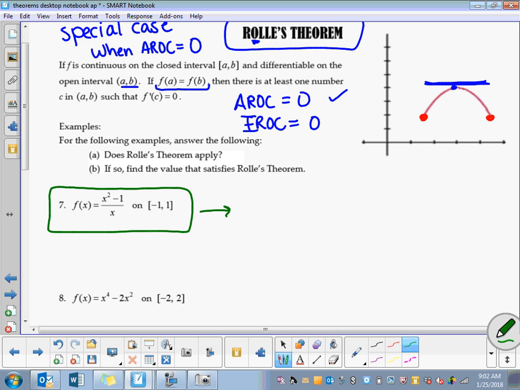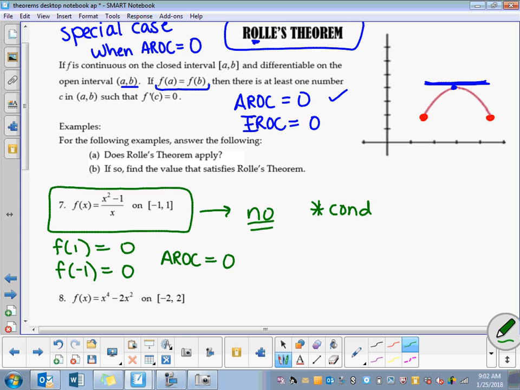And I'm going to tell you right now, on number 7, even though f of 1 is going to be 0 and f of negative 1 is going to be 0, so the average rate of change is going to be 0, this is not a Rolles' theorem problem. It fails to meet a condition.